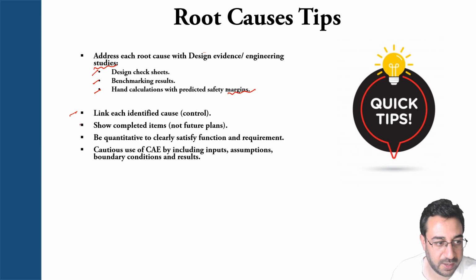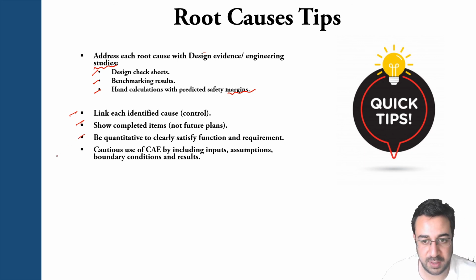There's no future plan. Then you need to be quantitative so that you can clearly satisfy the function and requirement. You want to make sure you have all the estimations and all the supporting data that will show that you are clearly satisfying functions and requirements of your customer or your supplier and so on. Then you need to be extra careful with using computer-aided design or CAE or 3D design, whatever you call it.